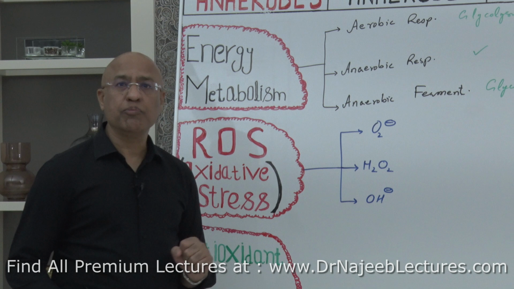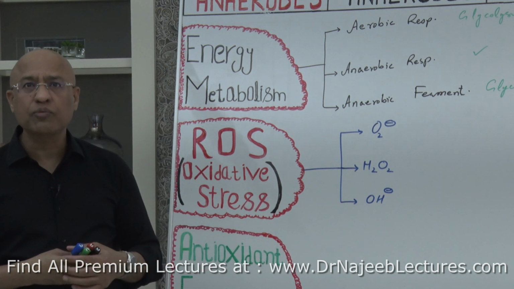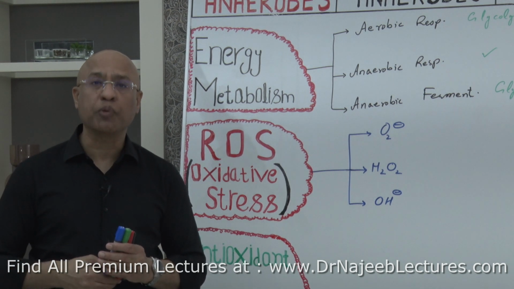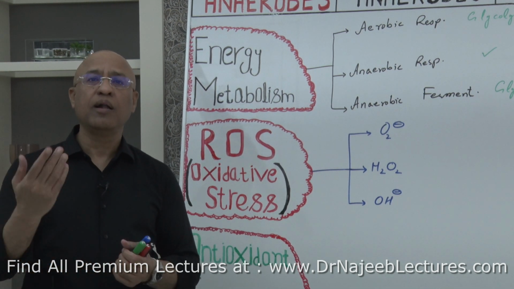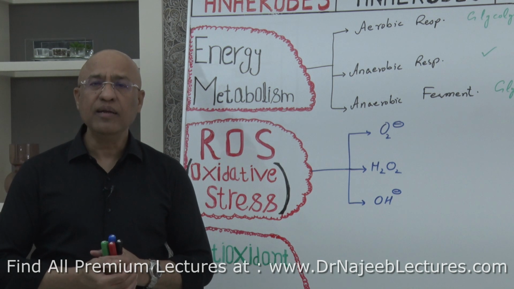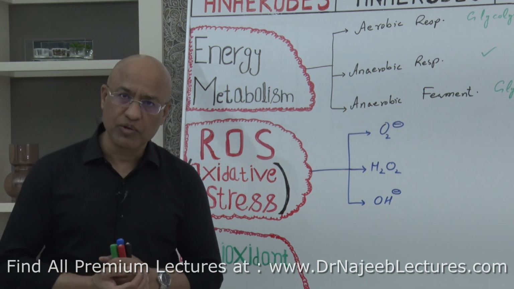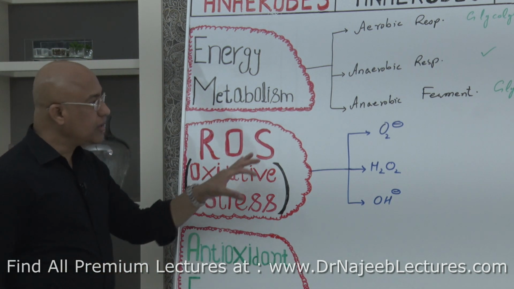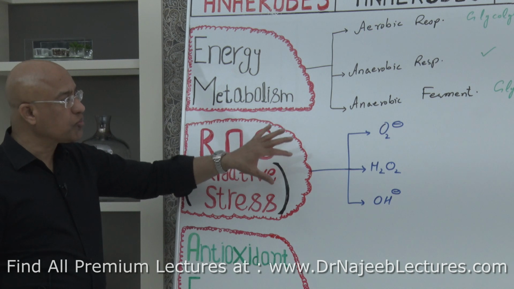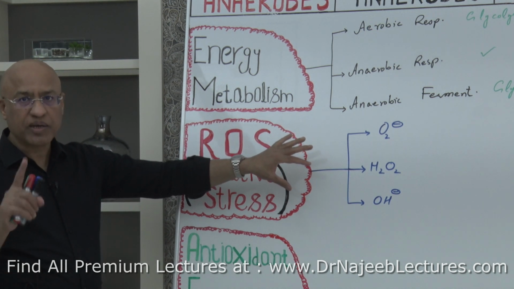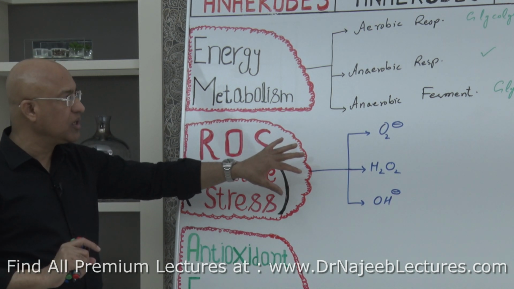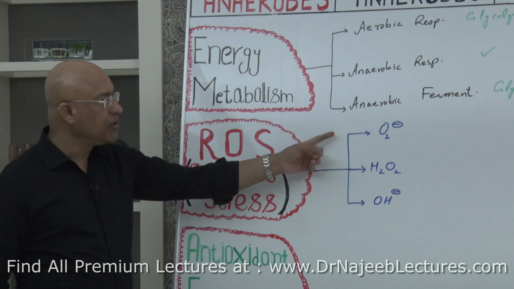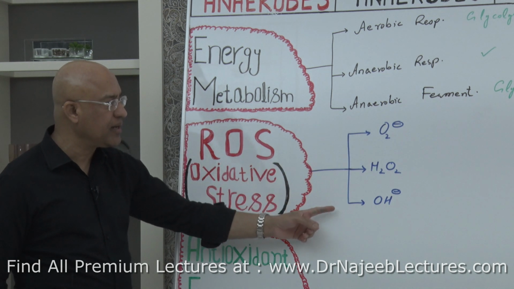Why do we call them reactive? Because they love to react with DNA, RNA, nucleic acids. They can react with proteins, and they can even react with fatty acids, and damage these macromolecules and damage the cell. So if bacteria are exposed to oxygen, within the bacteria there will be production of a lot of superoxides, hydrogen peroxide, and hydroxyls.